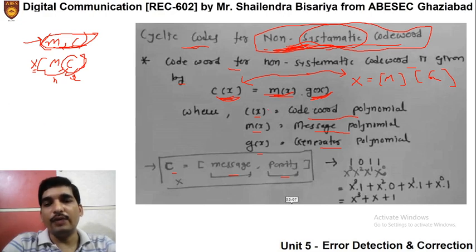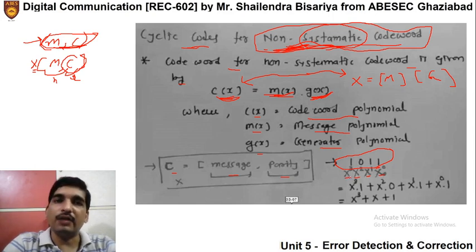So how will we represent it in polynomial form? If I say there are 4 bits 1 0 1 1, then as I said, the initial bit will be multiplied with x to the power 0, the second bit with x to the power 1, the third bit with x to the power 2 and the fourth bit with x to the power 3.